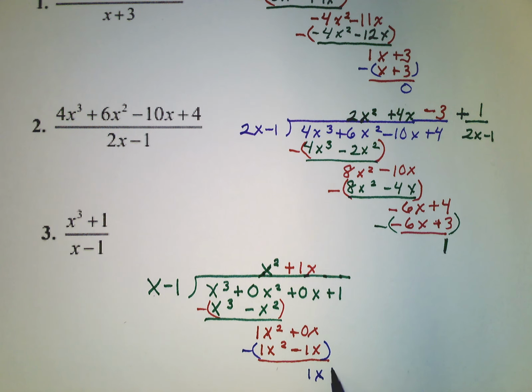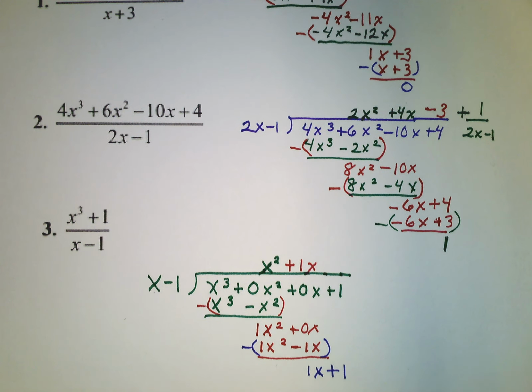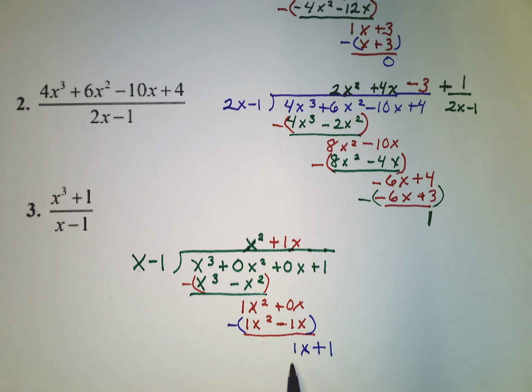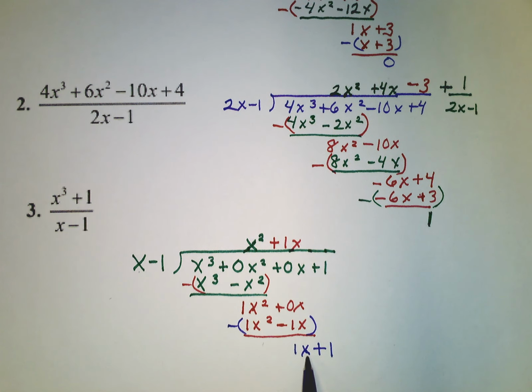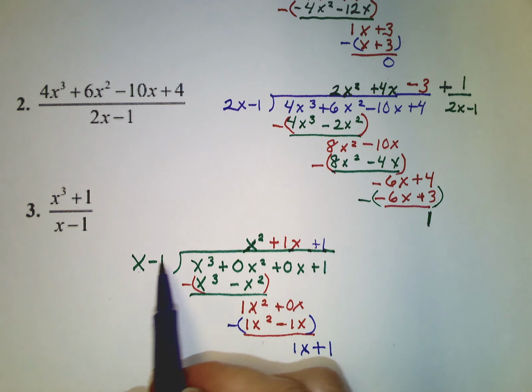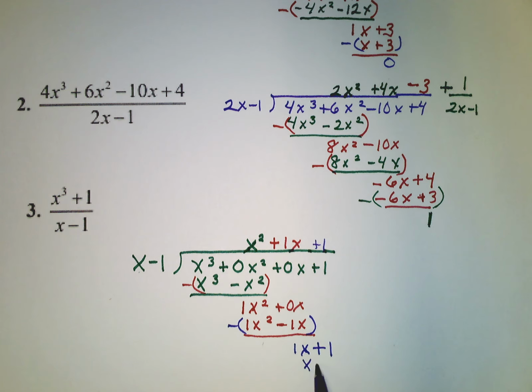Bring down this plus 1 that's been waiting. Now, if this had been a minus 1, it would have come out evenly, but it's not, so what do we multiply times x to get 1x? Now it had to be a positive 1, and then 1 times x minus 1 is x minus 1. And then we're going to subtract.